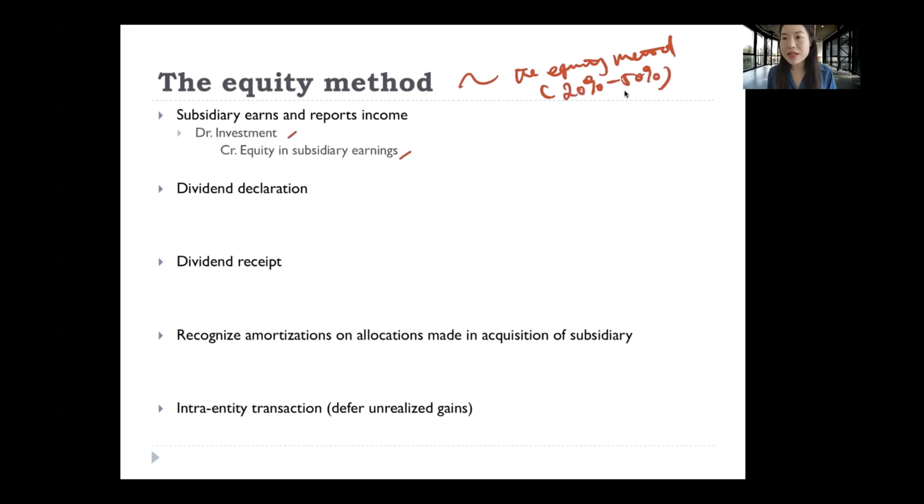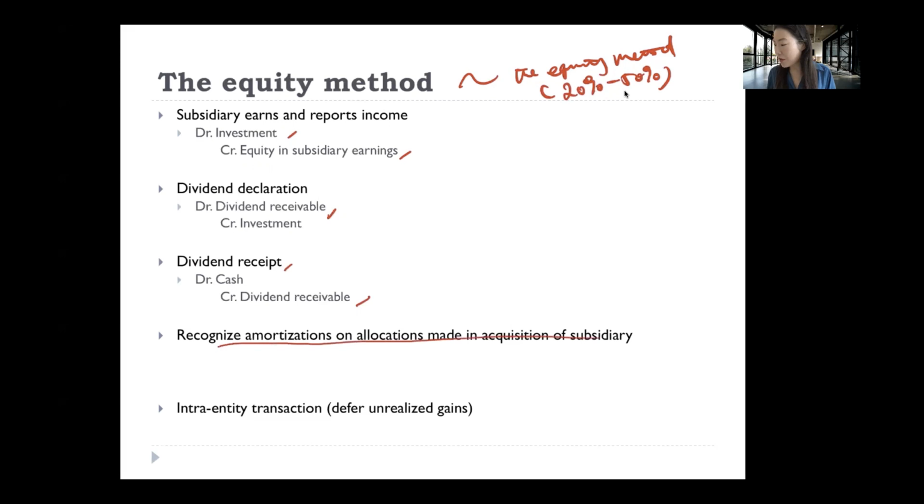And then when the subsidiary declares dividend, the journal entry made by the parent is to debit dividend receivable, credit investment account. So it is viewed as a decrease in the parent's investment account. When the parent receives dividend, the journal entry is debit cash because they received cash, credit dividend receivable because it is no longer a receivable for the parent.